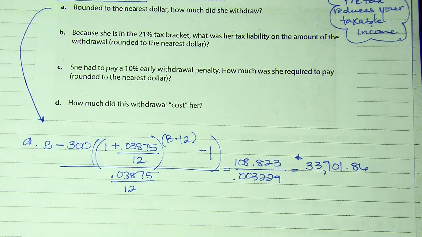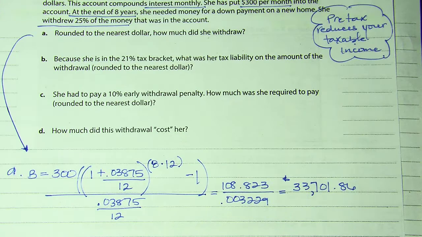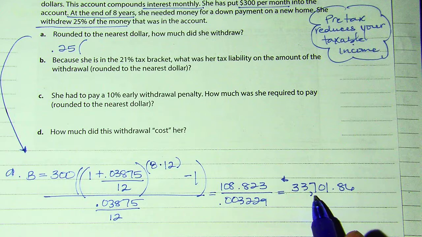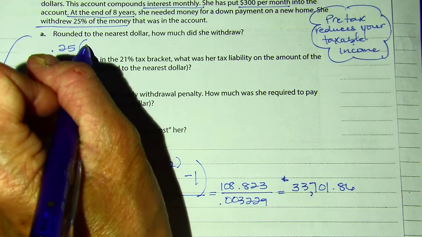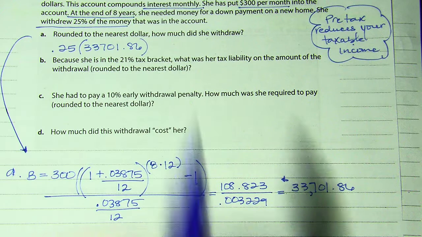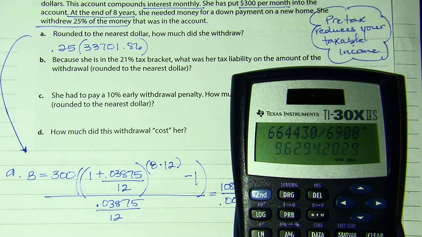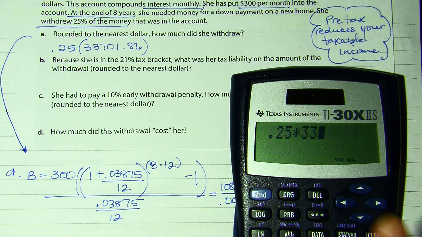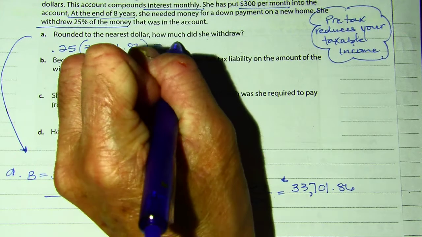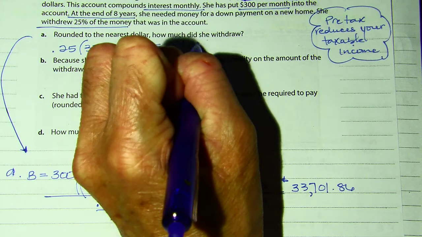So it says that she withdrew 25%. So what is 25% of the amount that's in her account? $33,701.86. So I'm going to enter that, 0.25 times $33,701.86. Rounded to the nearest dollar, she withdrew $84.25.